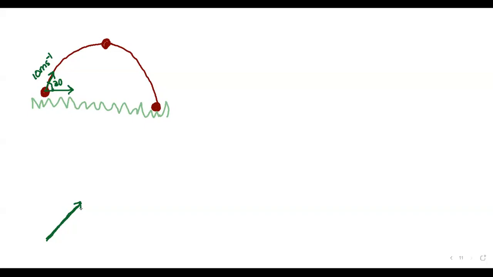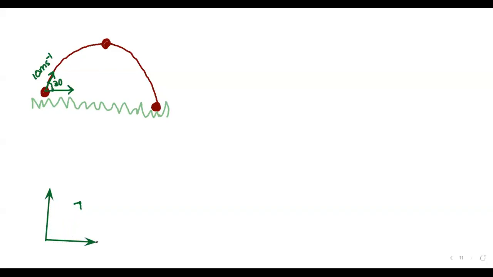So I can take this resultant velocity, the 10 meters per second, and divide it into a vertical component and a horizontal component.